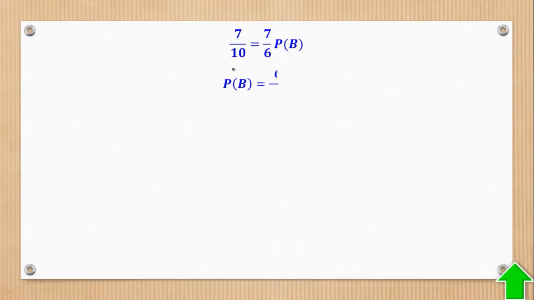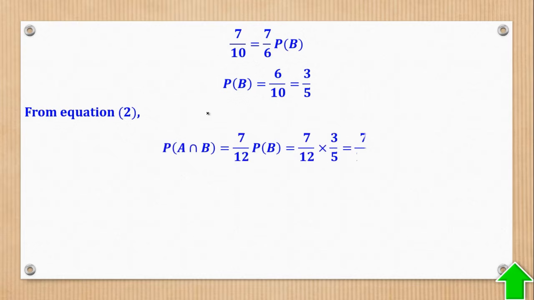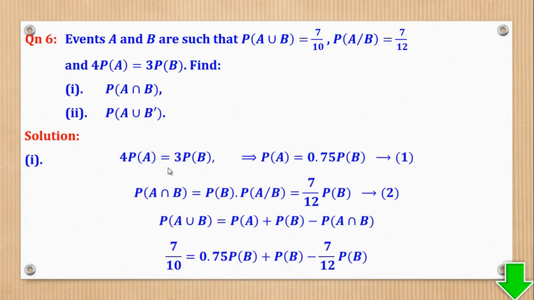So when I make it the subject, I'll come up with this as the answer. So that is probability of B. Now that I've got probability of B, I can go back to equation 2 and get my probability of A intersection B, which they want. So where there's probability of B, I'll put there 3 over 5 to give me 7 over 20 as the required answer for Roman 1. Then for Roman 2, they want A union B complement.